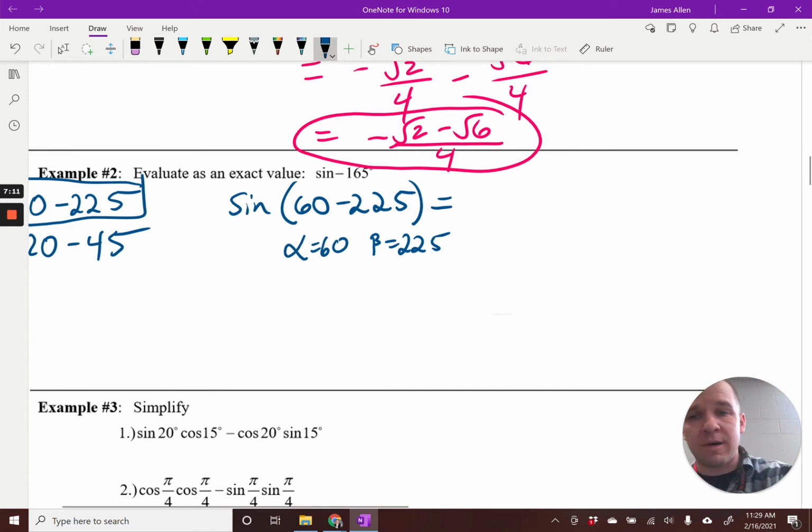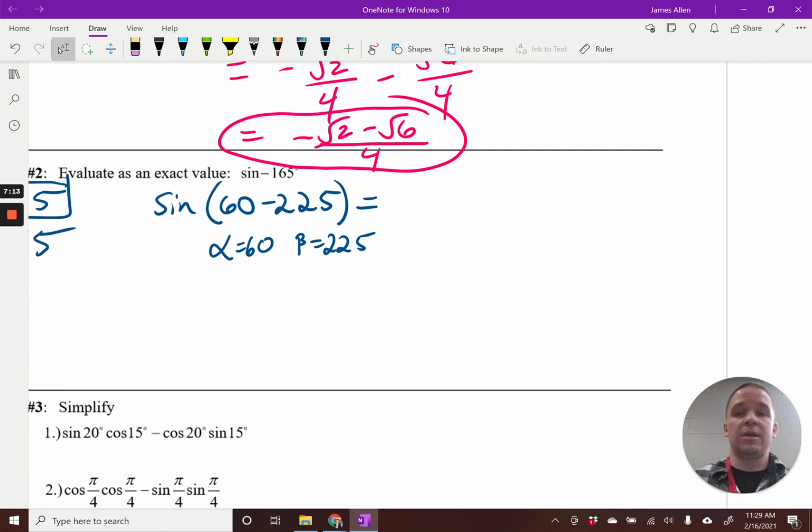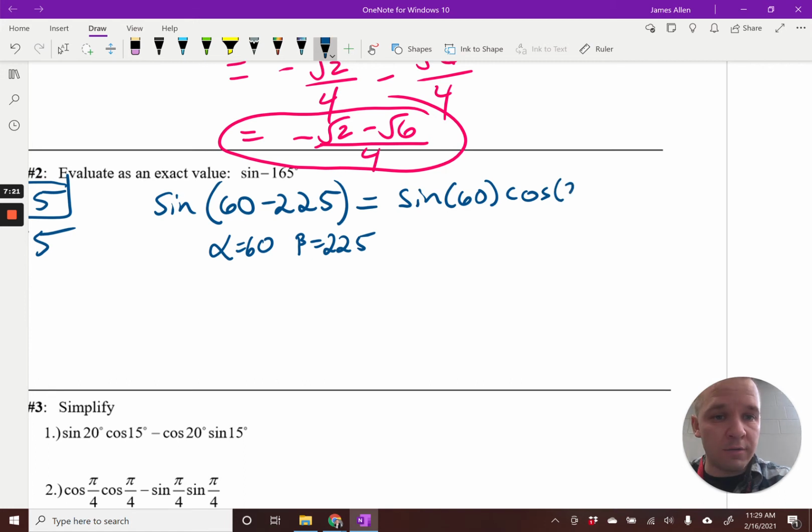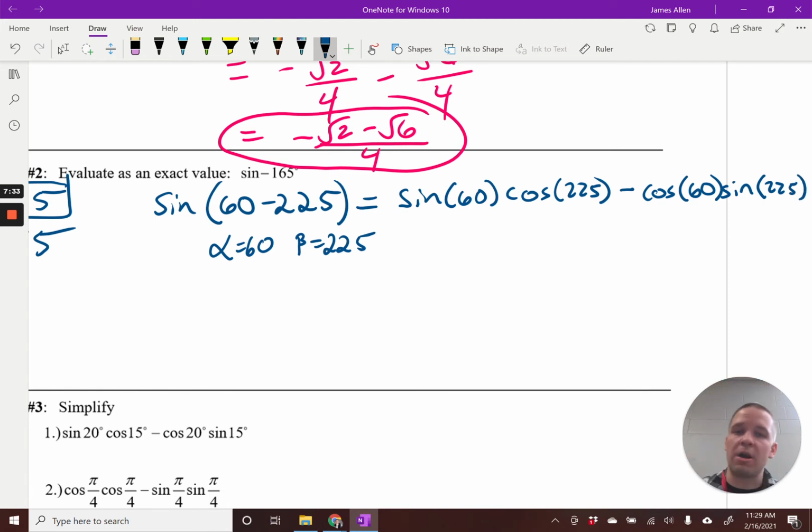All right, so let's go ahead and expand this. So I'm going to have sine of 60 cosine of 225 minus cosine of 60 sine of 225, right? The alpha and the beta are both positive here. Lovely, wonderful, fantastic.